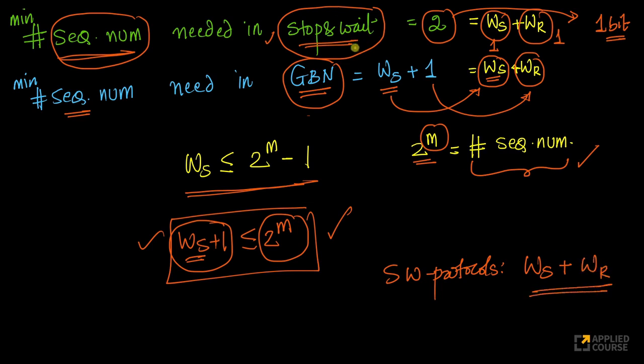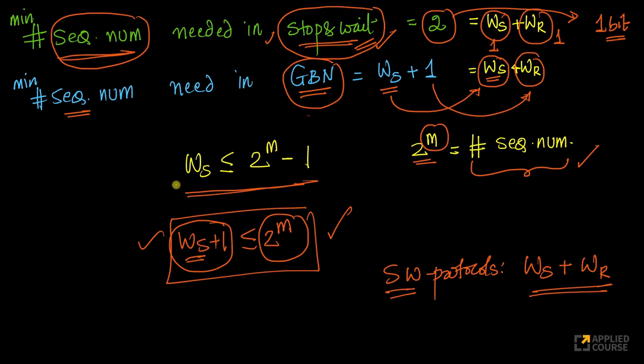Again, you can also imagine stop and wait as a sliding window protocol, where my window width on the sender side is 1 and on the receiver side is also 1. Very simple concept.